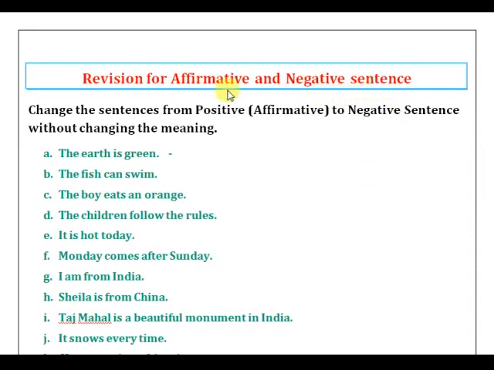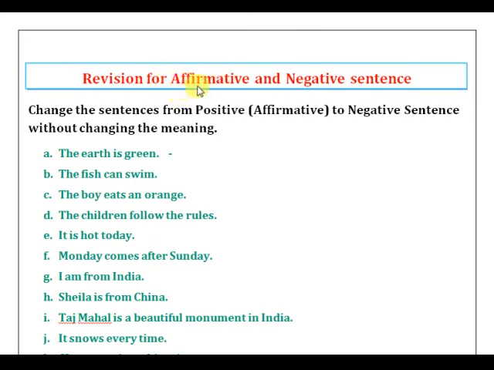When we speak about the affirmative or the positive sentence, in this type of sentence there is no negative element or negative word. The words such as no, never, not, nobody are absent in this positive sentence.